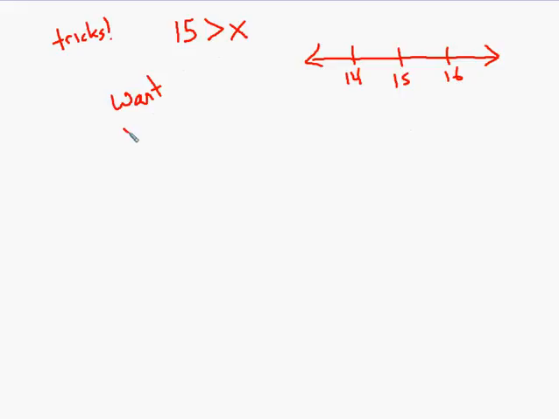So here are some tricks. Maybe I have 15 is greater than x, and I'm supposed to graph that. So I start with my number line. I'll just put my 15 here. Here's 16, and to the left of 15 is 14. What I'm going to want to do is I want the variable on the left.